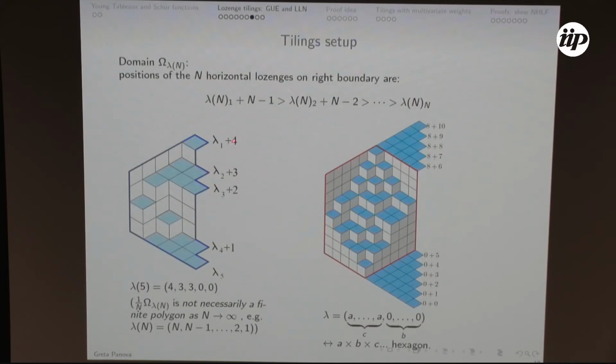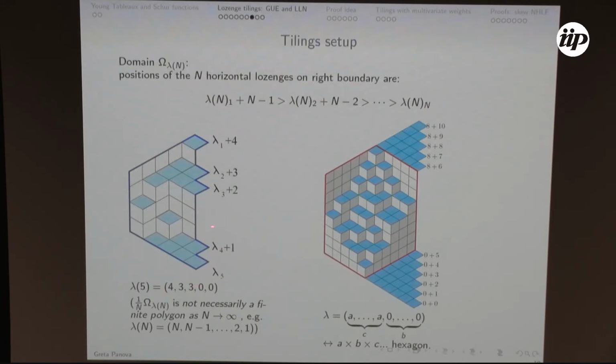If you add the numbers from 0 up to n minus 1 to lambda, then you actually get a strict partition, and it corresponds exactly to the heights as you see them on the picture. And yes, so the combinatorics and the restrictions here imply immediately that we are going to have exactly n horizontal lozenges on the nth vertical line.